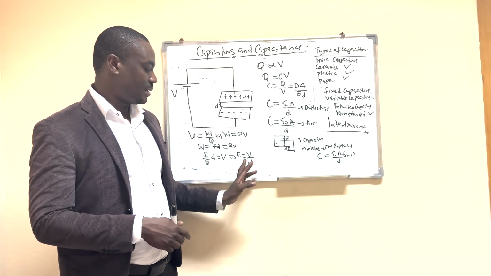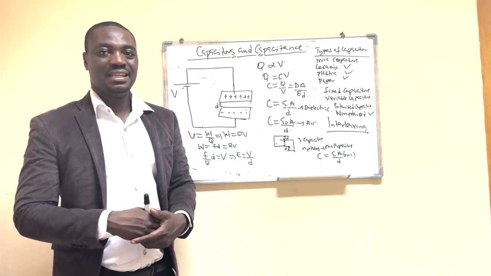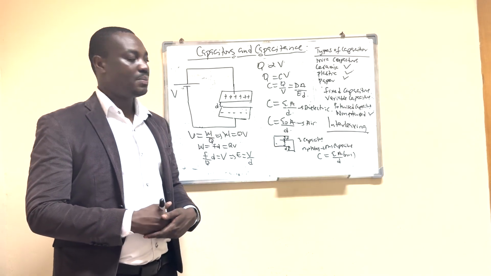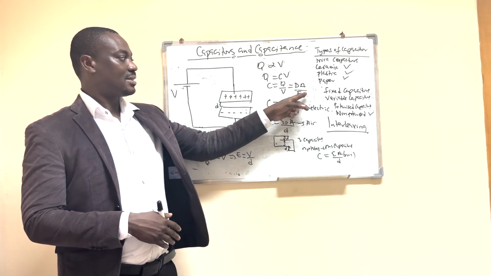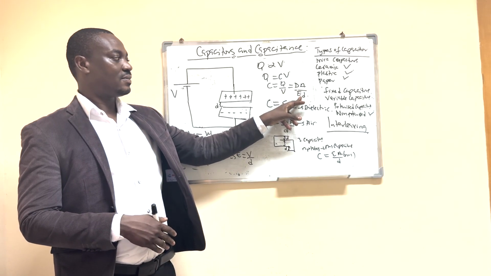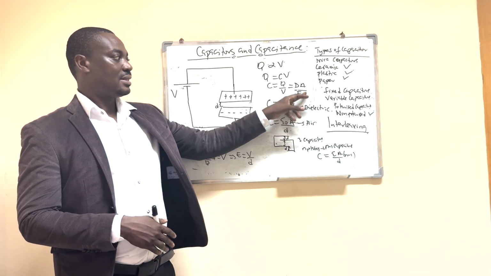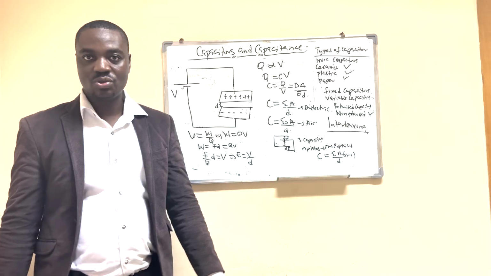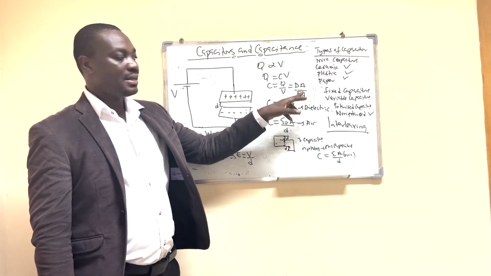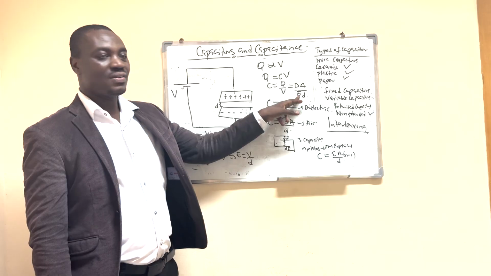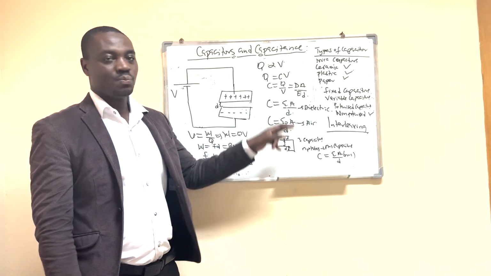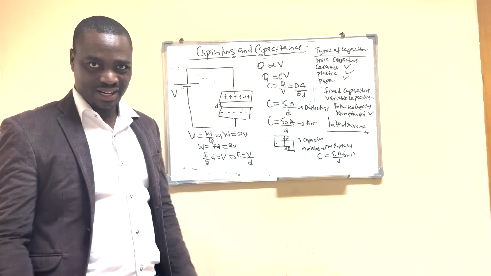So we can replace the voltage with electric field strength times the distance between the plates. And that's going to give us electric flux density over electric field strength, times area over the distance between them. So electric flux density over electric field strength gives us the absolute permittivity of the material.